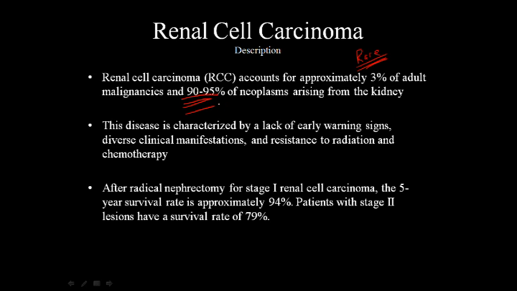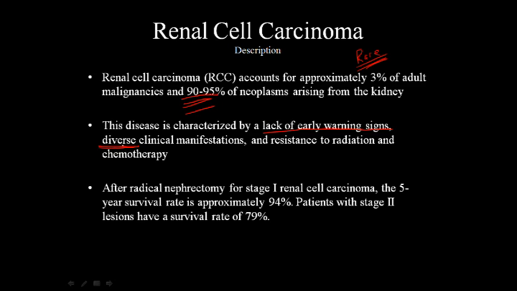This disease is characterized by a lack of early warning signs, and that's the scary thing: you don't necessarily have all of these warning signs that many other cancerous lesions kind of give you. You don't have these things until it's almost progressed to the point of being too late. And you also don't have one certain type of clinical manifestation, but you have a diverse range.